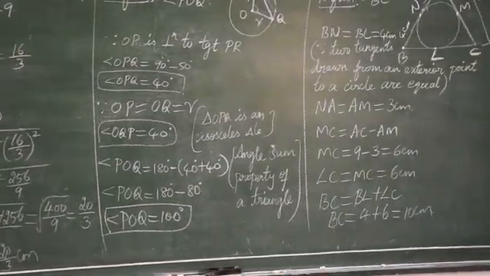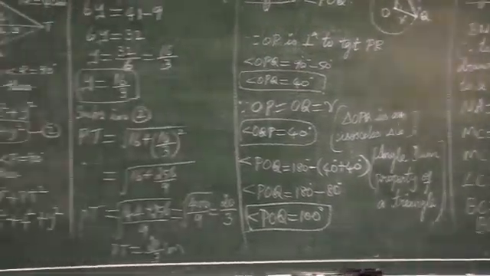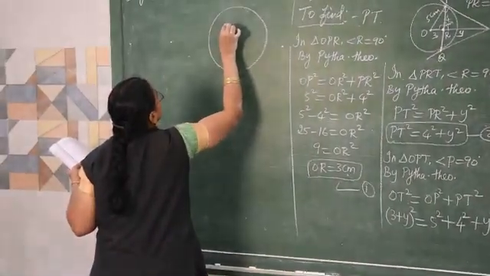Example 4.28. Two concentric circles are given.